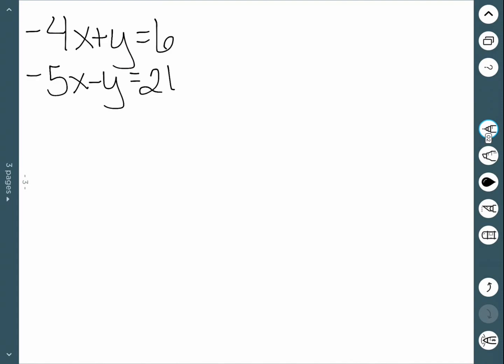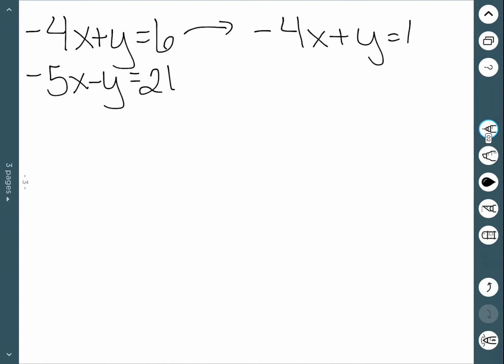Which equation you pick and which variable you pick honestly doesn't matter, you'll get the same answer at the end. However, it kind of does matter. If I were to solve the first equation or the second equation for x, I would have to deal with fractions throughout the rest of the problem, and nobody really wants to do that. So the best thing to do is to solve for one of the variables that has a coefficient of 1 or negative 1. As an example, I'm going to solve the first equation for y.